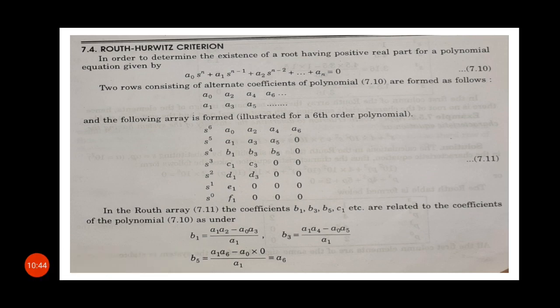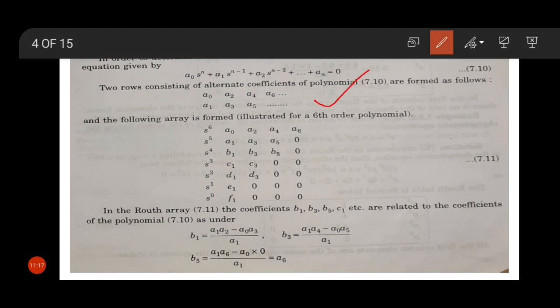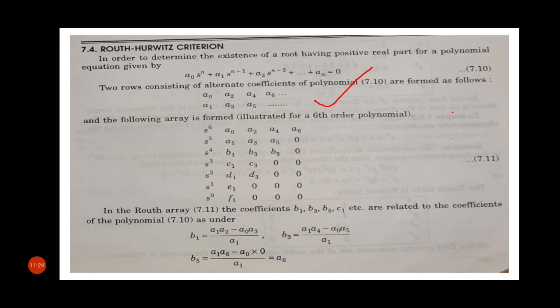So in order to determine the existence of a root having positive real part for a polynomial equation, given as mentioned in equation 7.10, two rows consisting of alternate coefficients of the polynomial of equation 7.10 are formed like this.